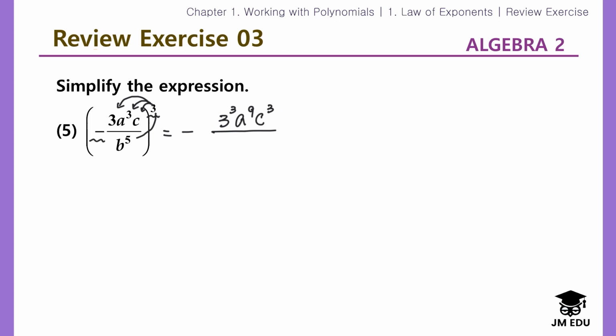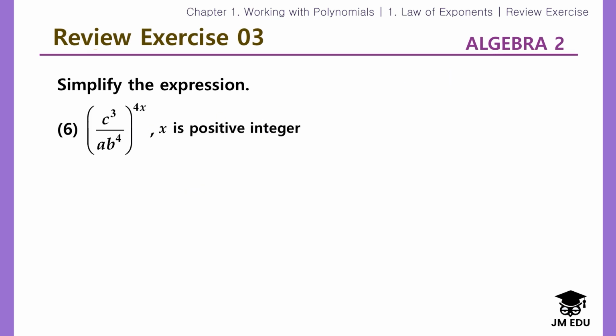And 3 times 5, that's b to the power of 15. So that is equal to negative 3 times 3 times 3, that's 9 times 3, which is 27. So we have negative 27, a to the 9, c to the 3, b to the power of 15.